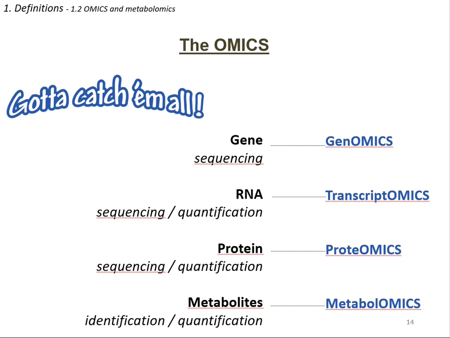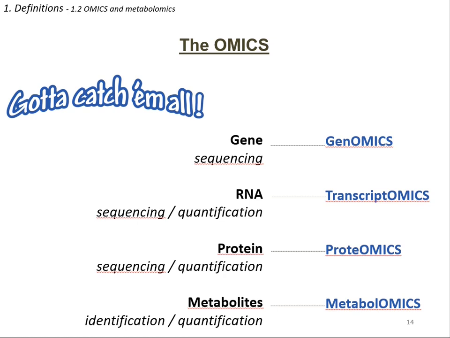Then you have transcriptomics. The idea here is to quantify all the messenger RNA within a biological sample. It's based on the same techniques of sequencing, but you introduce another requirement, which is quantification.